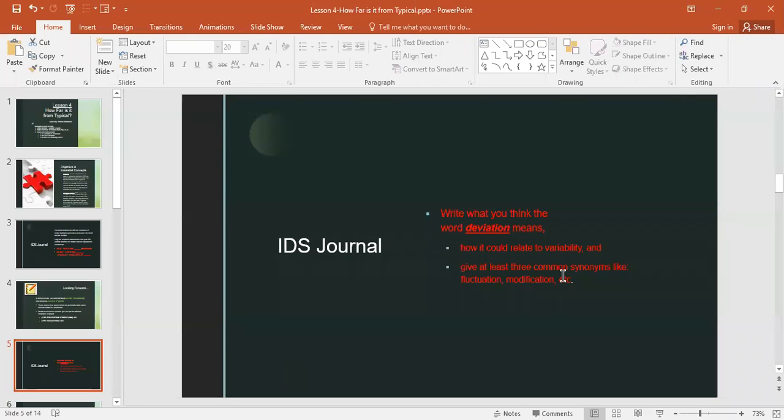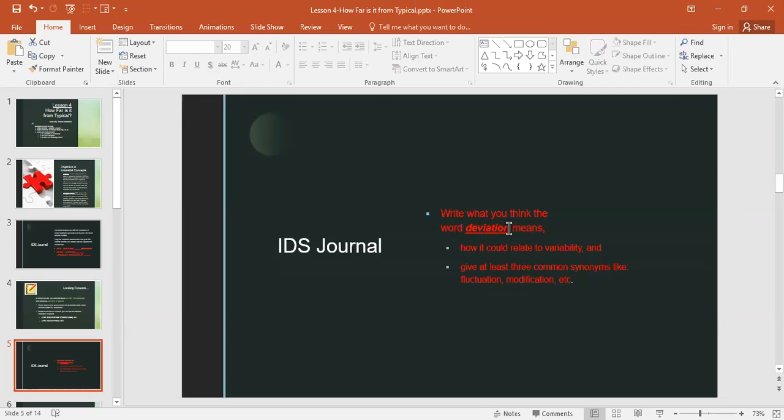So we have our next journal entry. Our next journal entry is me asking you to write what you think the word deviation means. What does the word deviation mean? And think about how it could relate to the spread or variability. I want you to think about at least three common synonyms, like fluctuation or modification, or even simpler words.